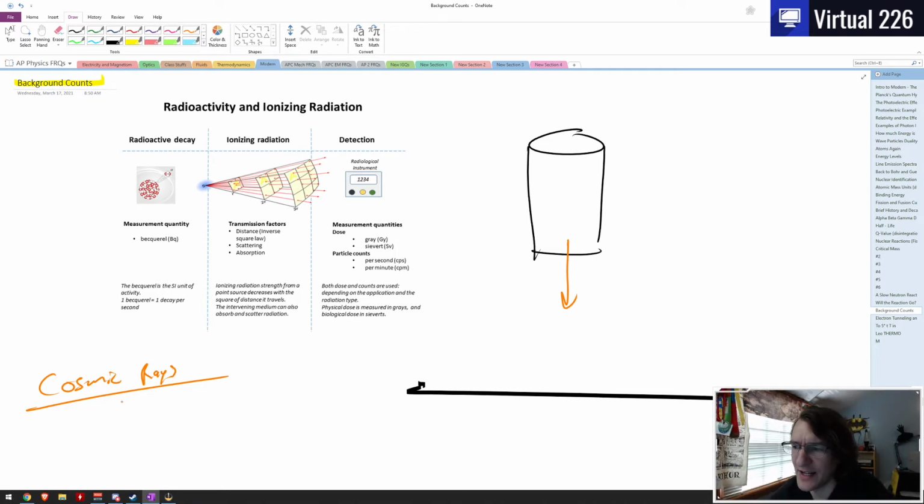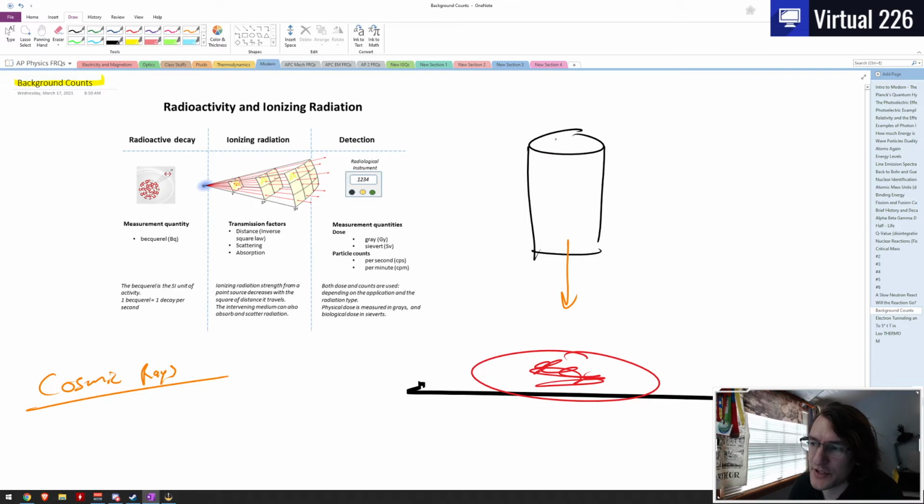Which brings up another piece of information here whenever you're measuring counts. Let's say you put some material down here that was radioactive, and you're trying to measure counts from it. The actual distance your detector is away matters because, as we see in our three-dimensional geometries that we live in, as we move further away from a source, we start getting a spread of the different directions those particles can go.